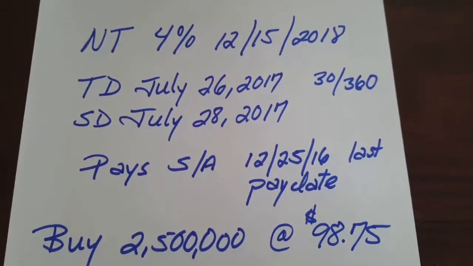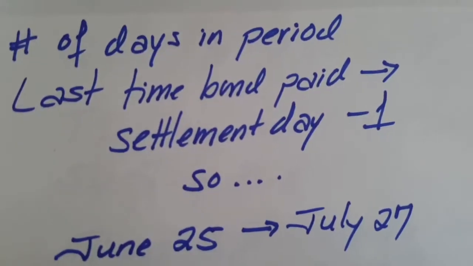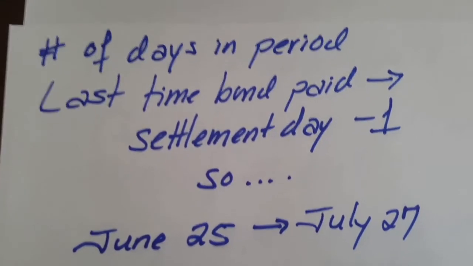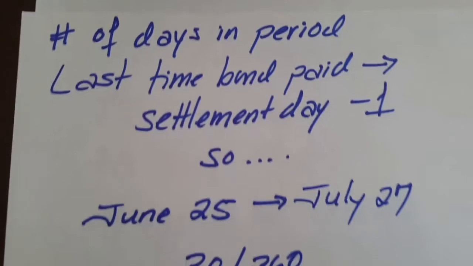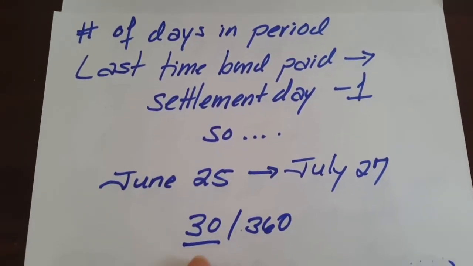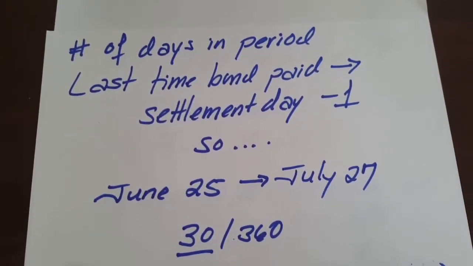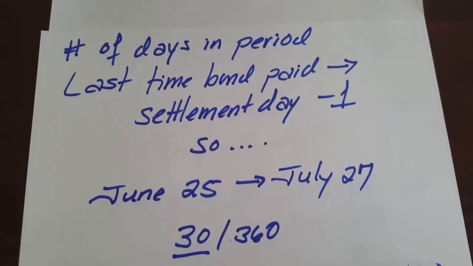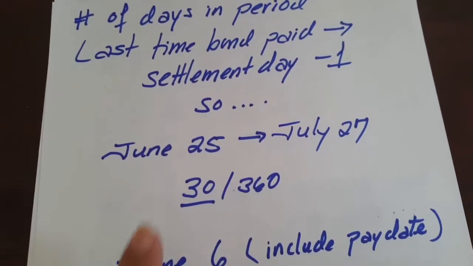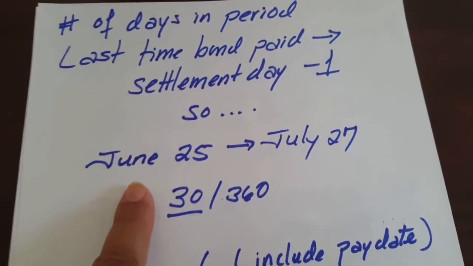Remember, I find it extremely important for me to write down those date ranges when I'm going to do a day count calculation. So based on the accrual method, we're being told that every single month is going to have 30 days. So no matter what month we're dealing with, every month will have 30 days. So if it paid June 25th, we're going to go from June 25th through June 30th.